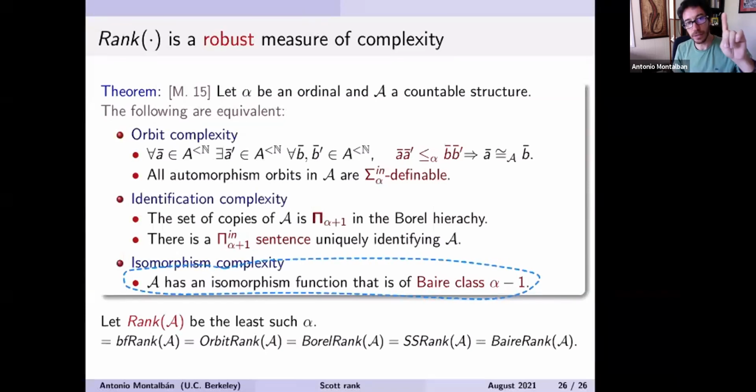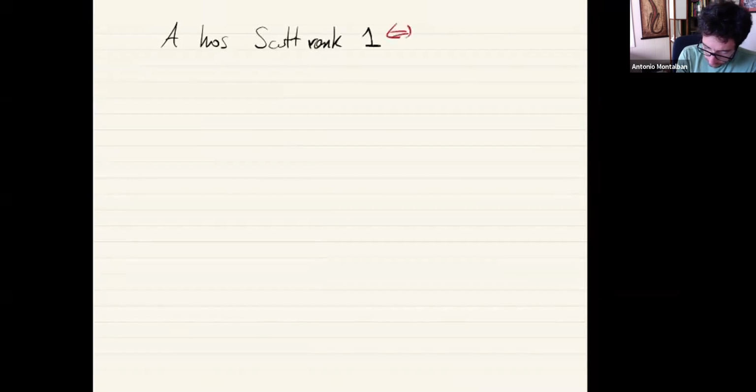So in the case of alpha equals 1, what this says is that A has Scott rank 1 if and only if A has a continuous isomorphism function.